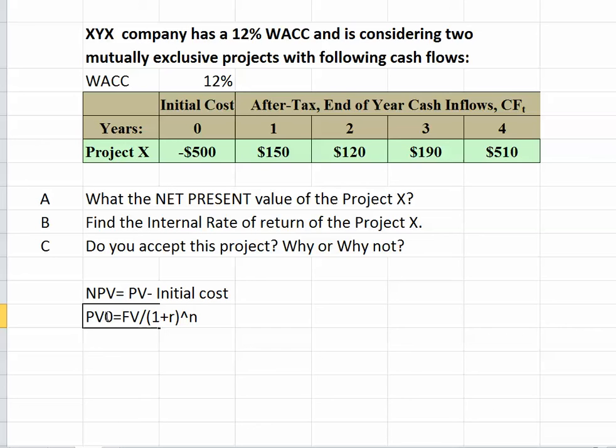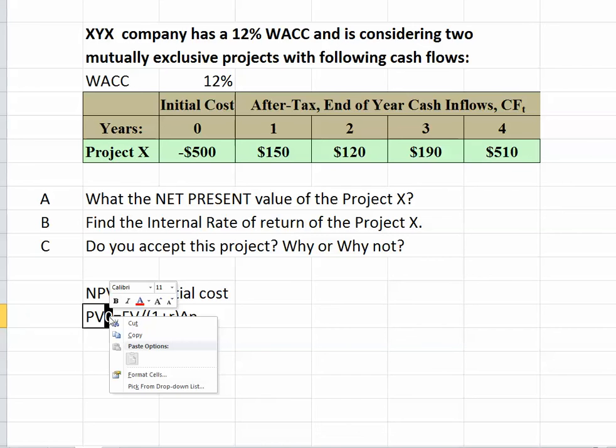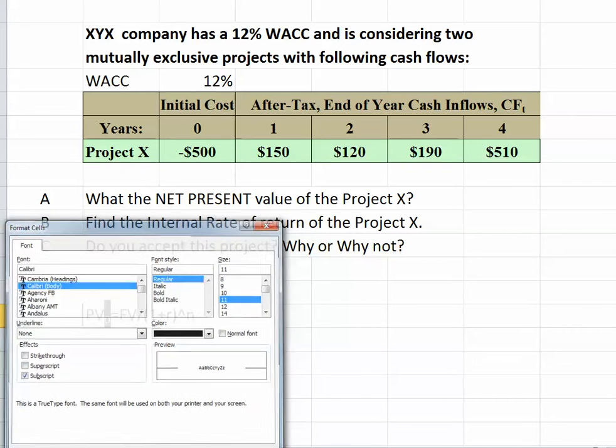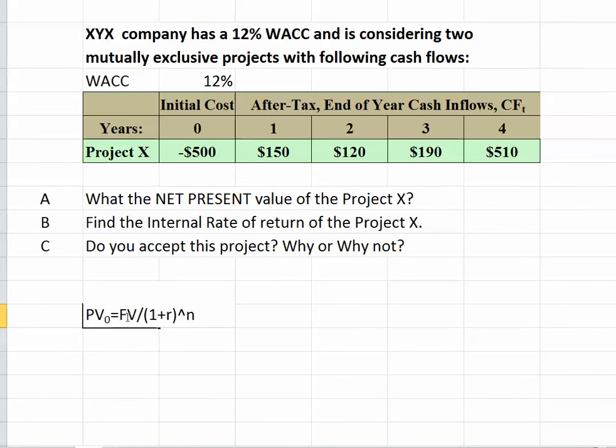So divide by 1 plus discount rate raised to n. N means if it's the first year, it's going to be 1. If it's the second year, it's going to be 2. So going forth.